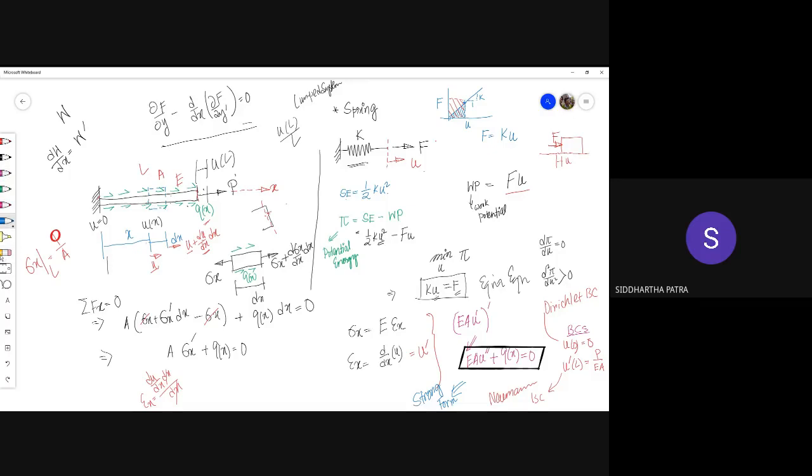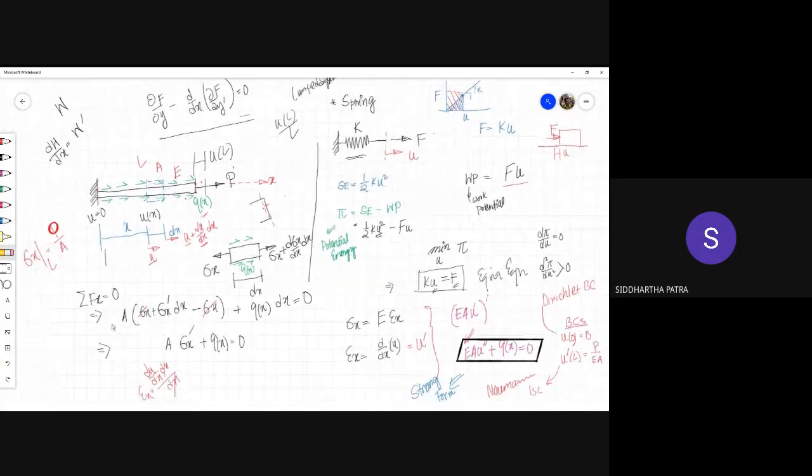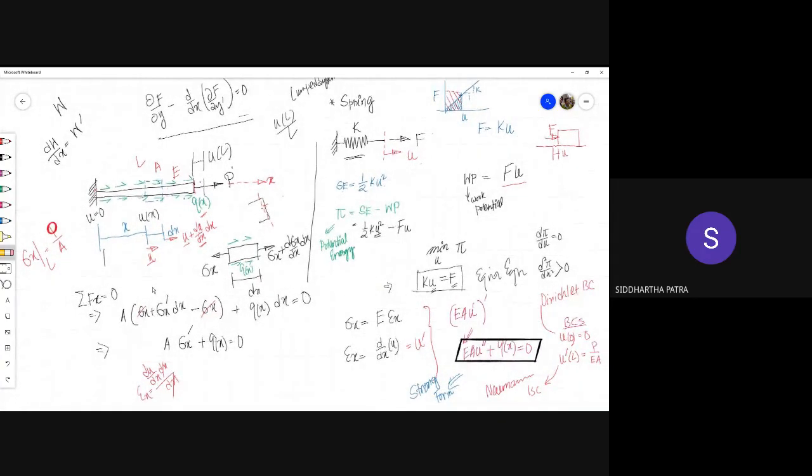And then let me delete all the steps that we did to get the equilibrium equation. Let us see if we have any other way to arrive at this differential equation.